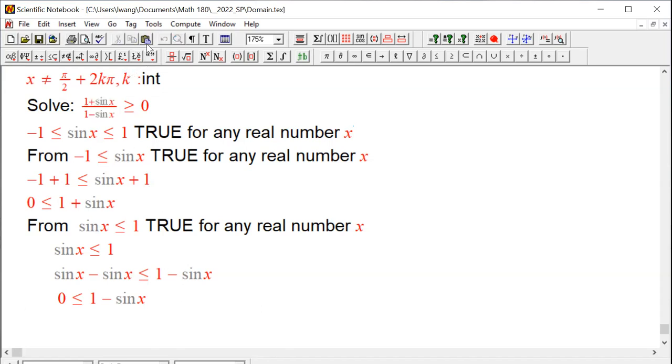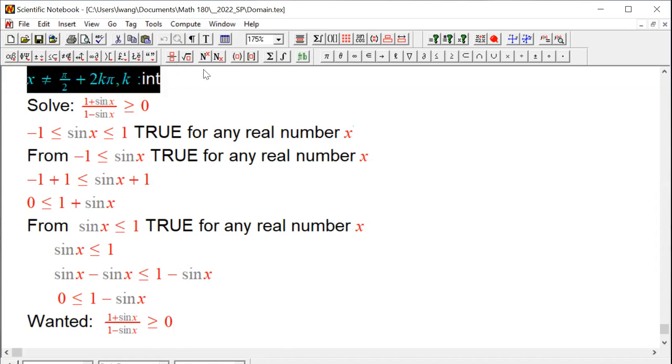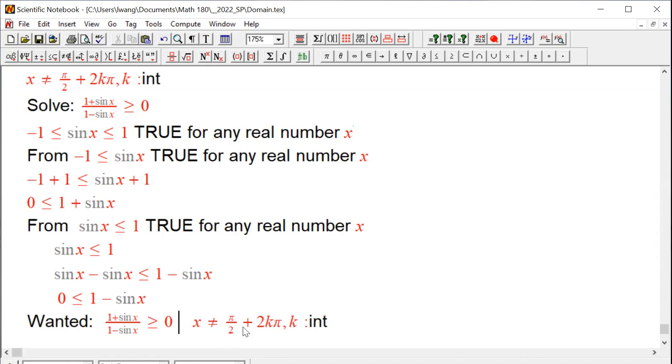So you have a situation like this. We want it to be greater. This is wanted, and we also have it guaranteed that the bottom is not 0. Now you can see the denominator is always going to be positive under this condition.